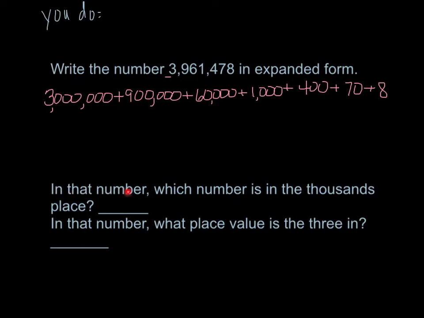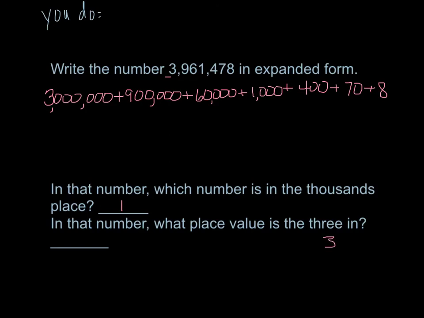Next question, in that number, which number is in the thousands place? So I would look at my notes and I would count back. Ones, tens, hundreds, thousands, ding, ding, ding. It's the 1. And in that number, which place value is the 3 in?